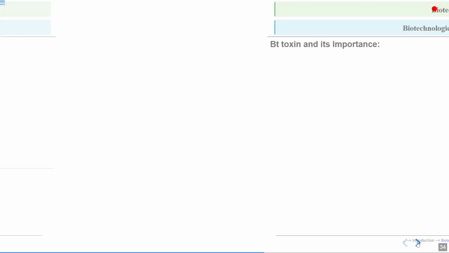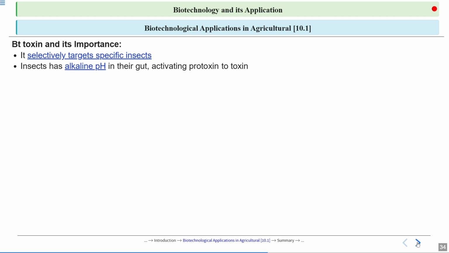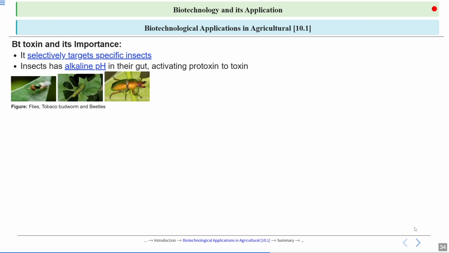But insects have an alkaline pH in their gut, and once it gets inside the insect's gut, it will activate this protoxin into toxin.